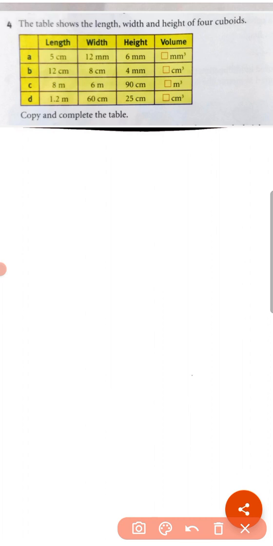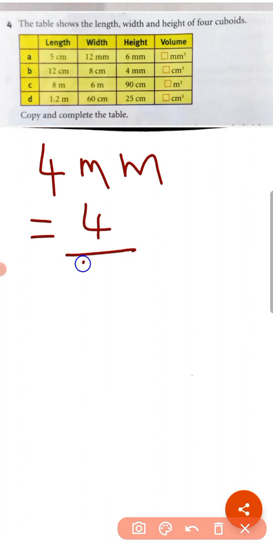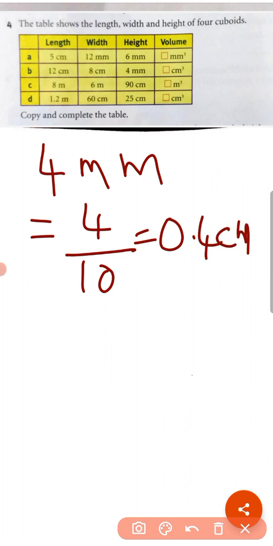Now in second question, 2 units, that is length and width, are in centimeter and height is in millimeter. So first you change height into centimeter. 4 millimeter is equal to 4 divided by 10, 0.4 centimeter. To change millimeter into centimeter, you should divide by 10.